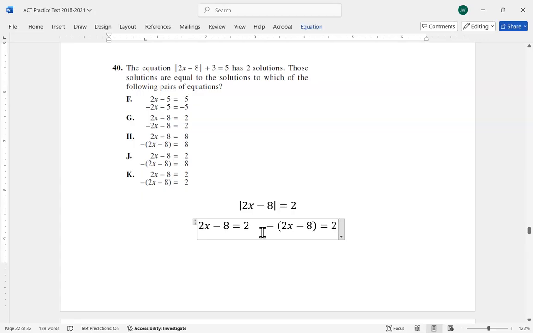And these are my two equations. 2x minus 8 is equal to 2, or the opposite of 2x minus 8 is equal to 2. Make sure you put parentheses around the 2x minus 8 when I put the negative sign out front of it. In any case, these two equations are exactly the two equations we get in option K. So the answer to question 40 is option K.